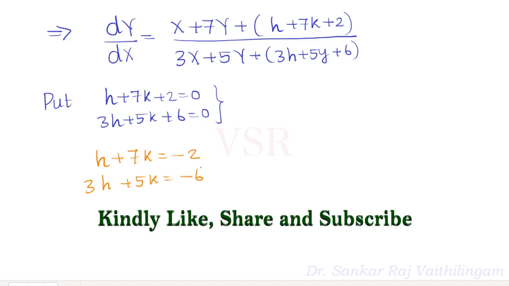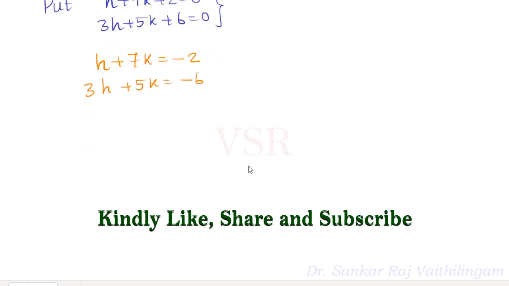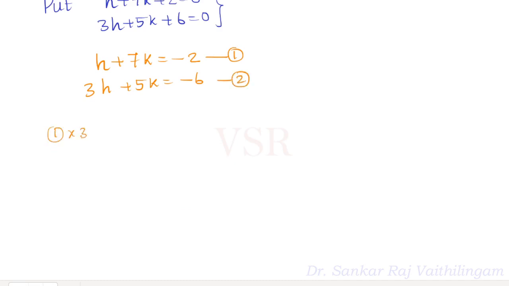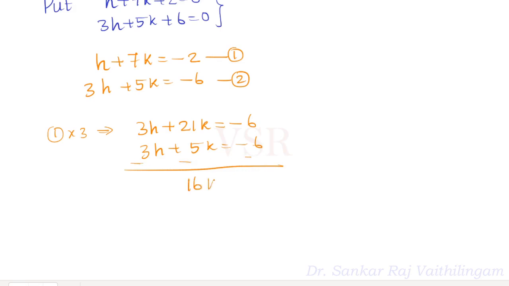I multiply the first equation by 3, so 3h plus 21k equal to minus 6, and keep the second as 3h plus 5k equal to minus 6. Subtracting, we get 16k equal to 0, so k equal to 0.